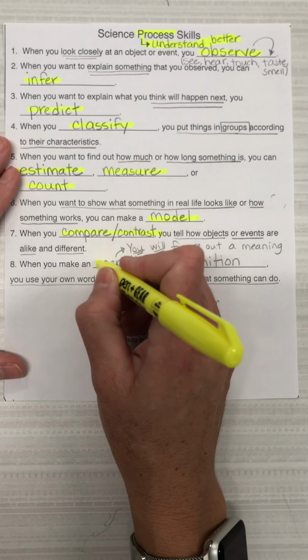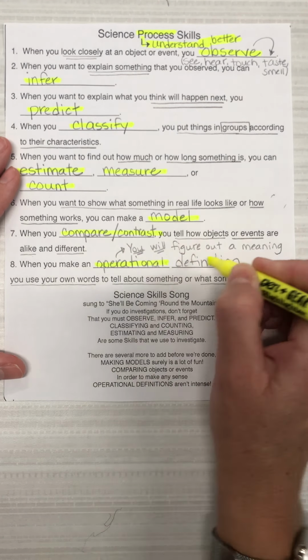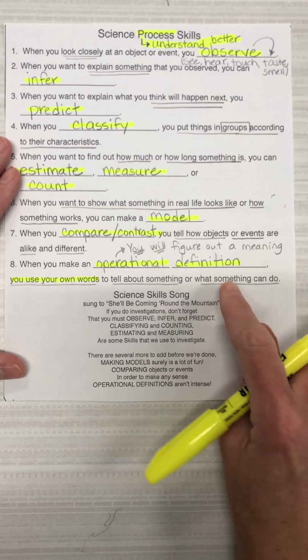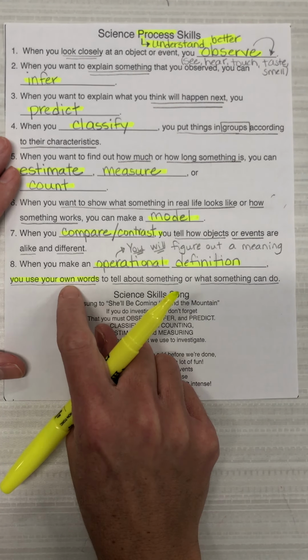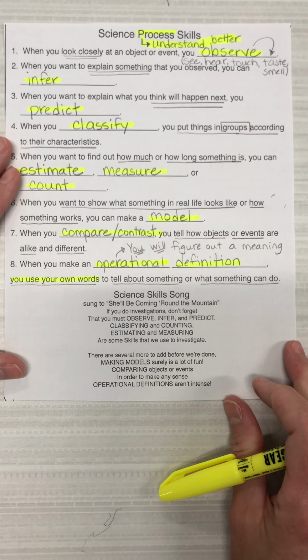And scientists may make operational definitions, and that means when they figure out a meaning to something and they put it in their own words. You know what? We're going to highlight own words too. You might tell about something or what something can do, but you're using your own words. That's operational definitions.